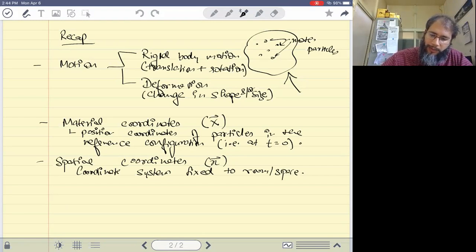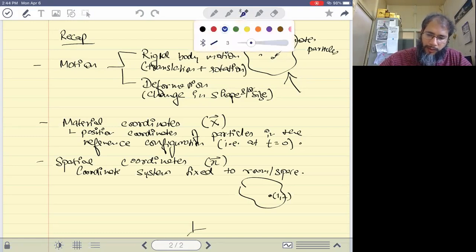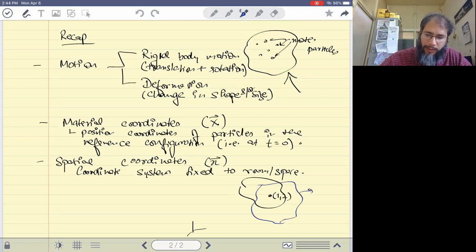So as an example, if I take a certain coordinate, let's take the coordinate 1, 2, then I have the body, where the initial one is the reference configuration, and then the body moves to some other configuration at time t equals t1.